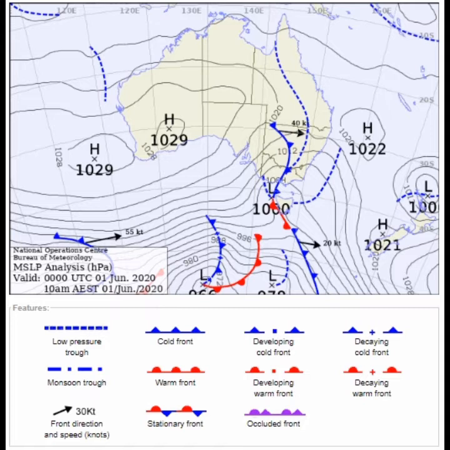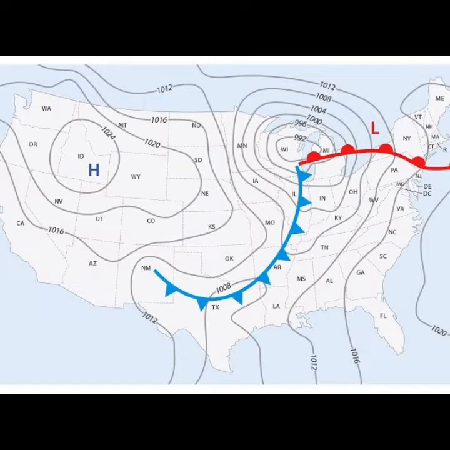The circular lines you see on the chart are isobars, which join areas of the same barometric pressure. The pressure pattern is important because we can use it to tell us where the wind is coming from and how strong it is. It also shows areas of high and low pressures, cold fronts and warm fronts.